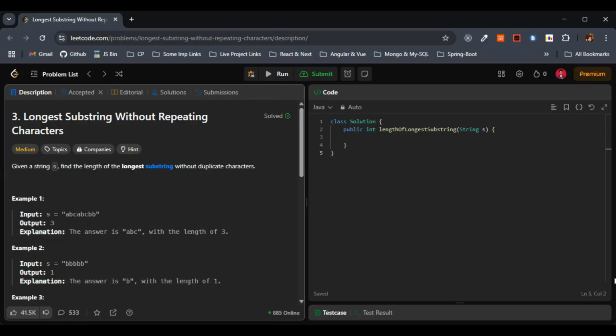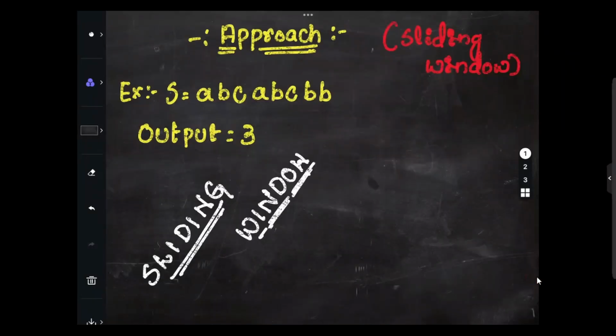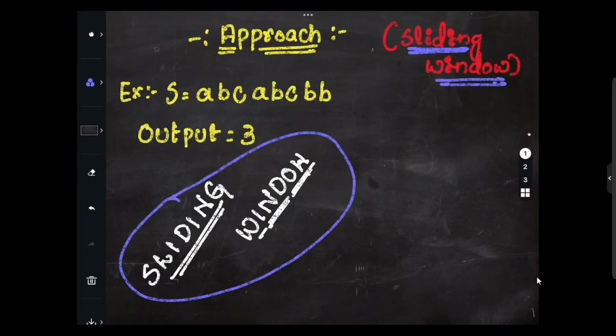Initially, let's discuss the approach step by step. The first thing is we will be going with the sliding window approach, or two pointers. Just keep this in mind. I have considered the same first example that they have given in the question, ABCABCBB.